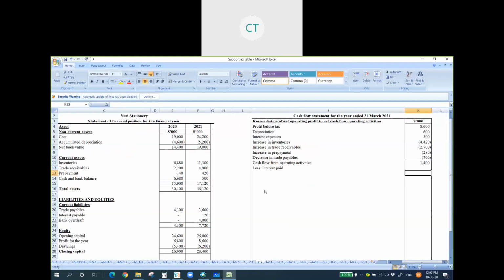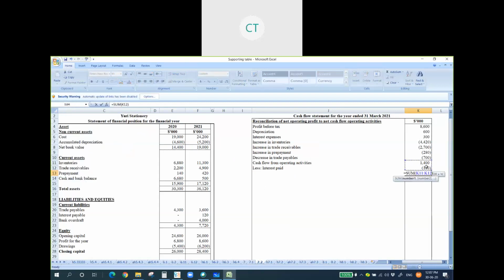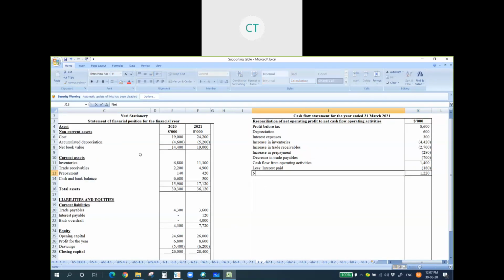So we put negative 180 here. So what we get is net cash flow from operating activities. So we have completed the first section.